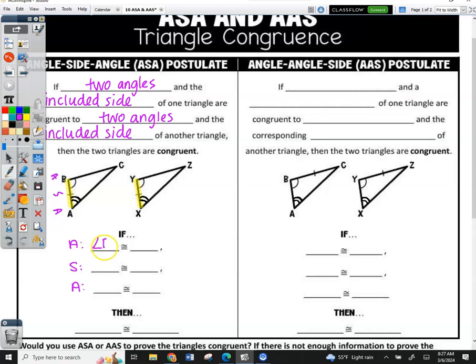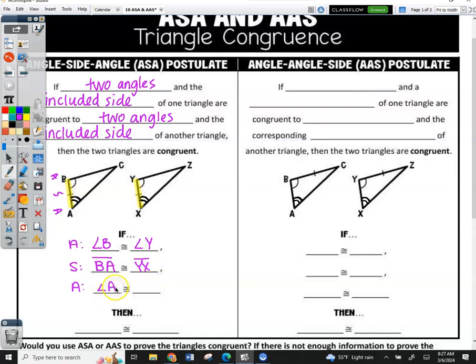Angle B is congruent to what over here? Angle Y. We're going to name a side. Side BA is congruent to what? YX. And then angle A is congruent to what?